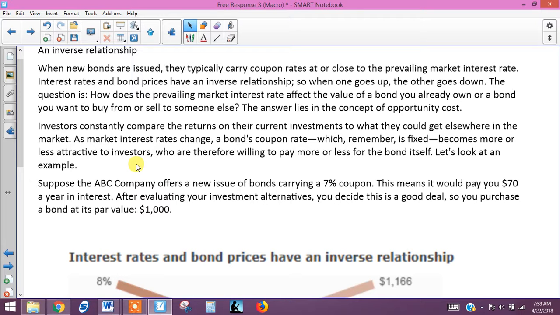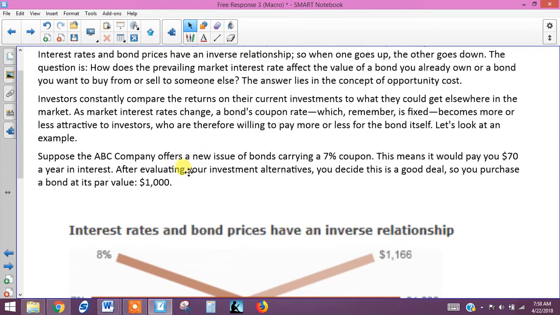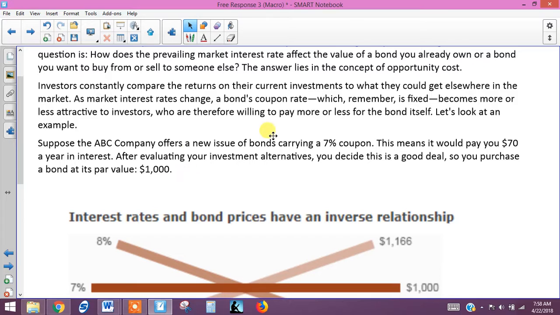So if we look at an example, let's say that we are going to buy a bond with a par or face value of $1,000 that carries a 7% rate of return, that would pay $70 a year, which would be 7% of 1,000.